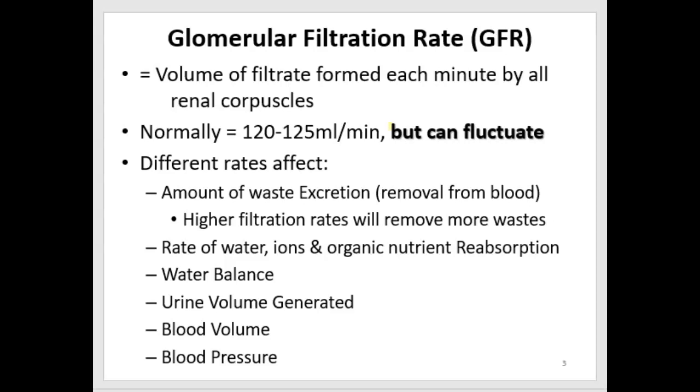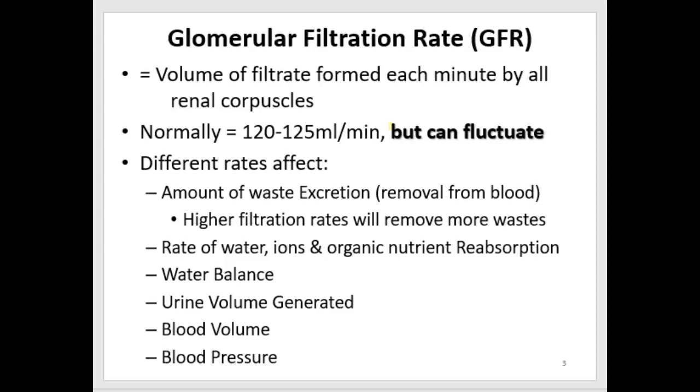Normally that's 120 to 125 mils per minute, which is a lot, but it can fluctuate, particularly depending on our hydration status, hormones, blood pressure, salt concentrations of blood and interstitial fluids, and the nephron in the filtrate fluid.